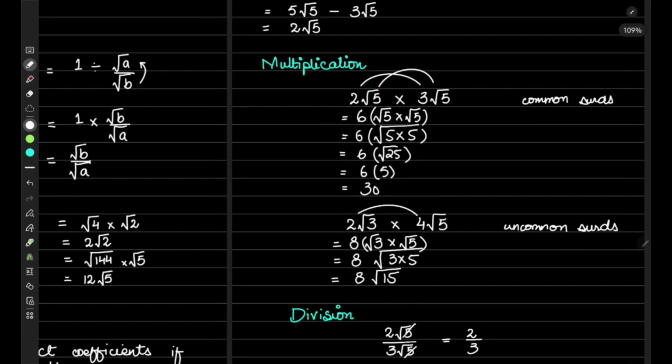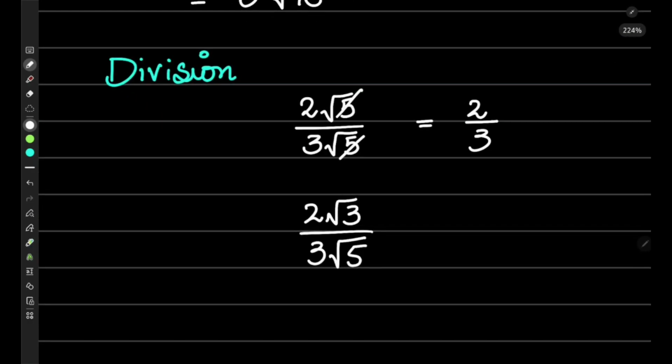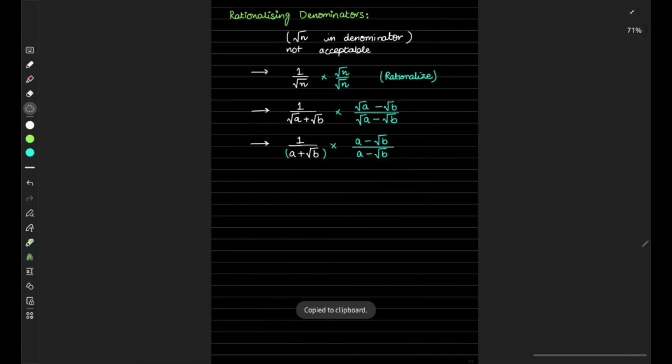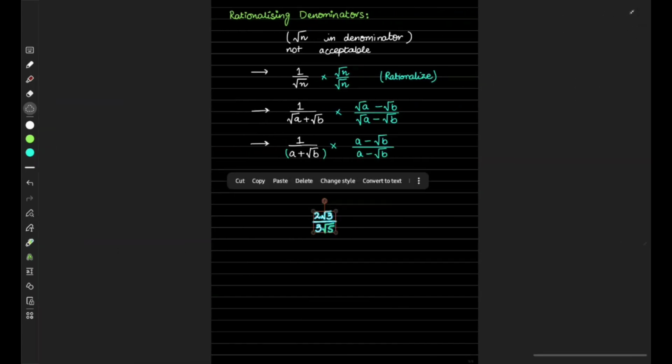First of all, taking the example of the same division thing that we had. See, we have a surd, root 5, in the denominator. This is not acceptable, so we will rationalize it. Take this as an example for the first case.